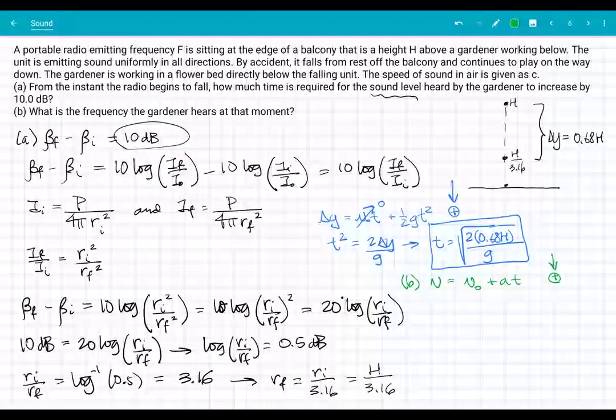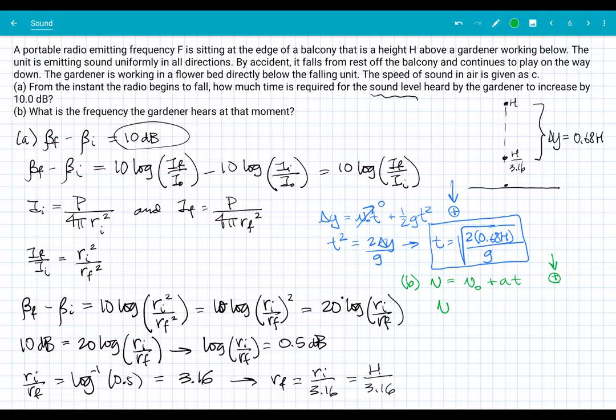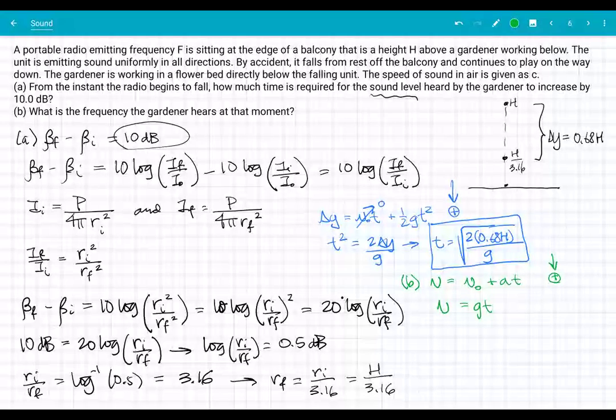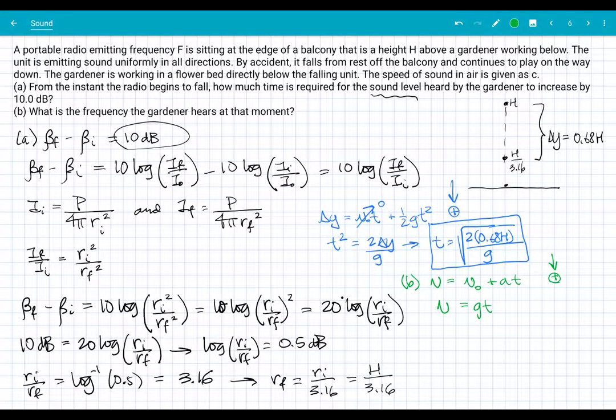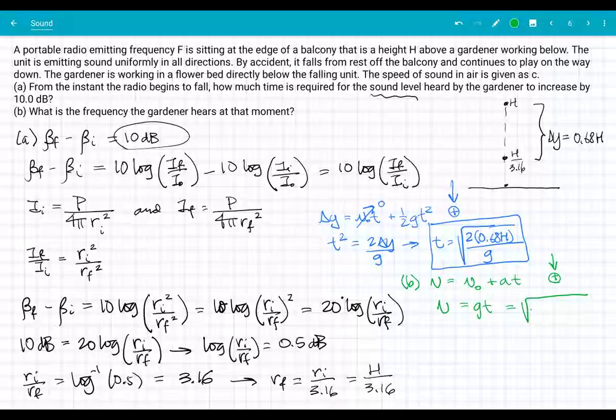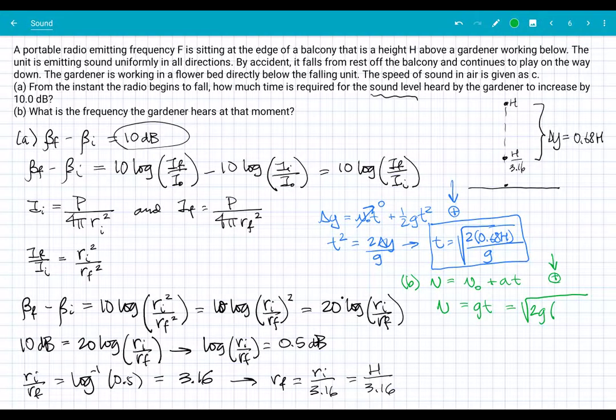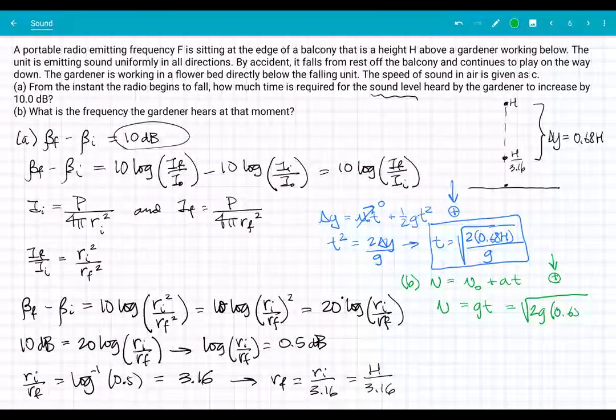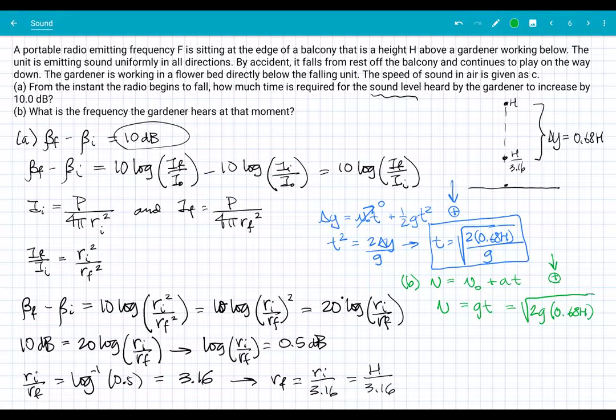So I've got v, that's also downward directed, right? So downward positive makes sense here, equals gt. So I've got the expression for t from right above here, so I can write my speed out as the square root of 2g times 0.68H there.